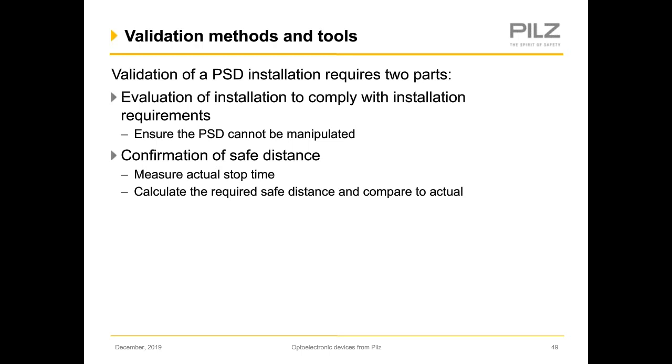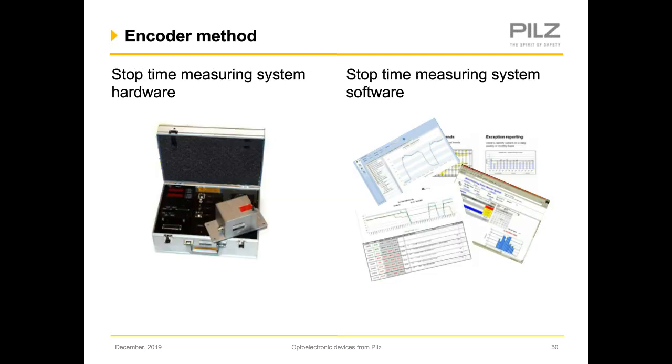Validation of a presence sensing installation requires two parts: evaluation of installation to comply with installation requirements and ensure that the PSD cannot be manipulated. And then, of course, confirmation of the safe distance: measure actual stop time, calculate the required safe distance, and compare to actual. So there are two methods.